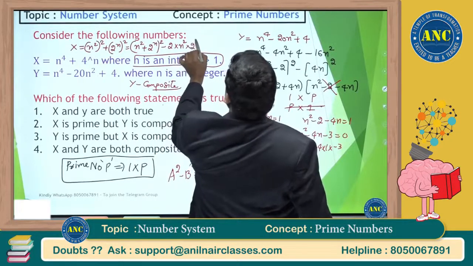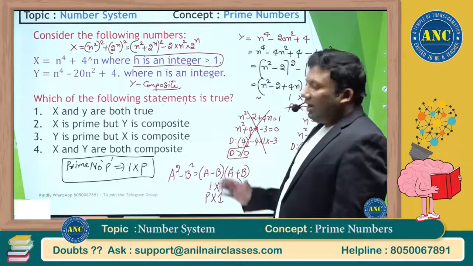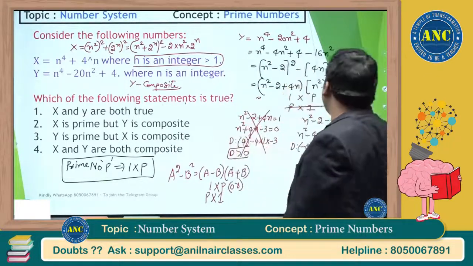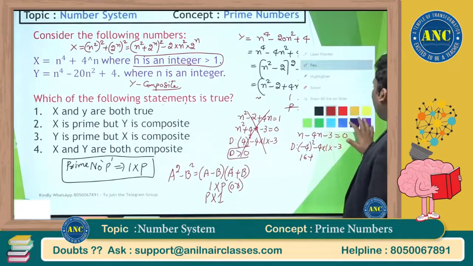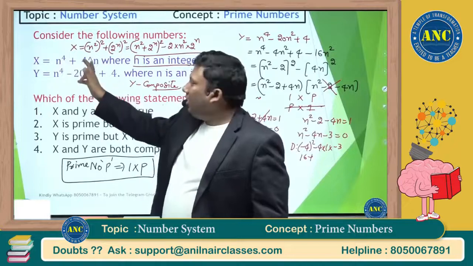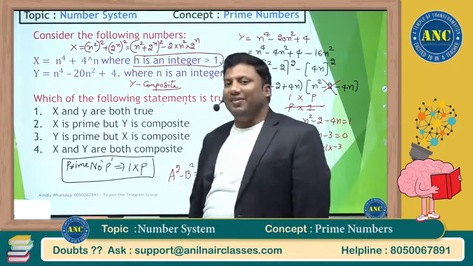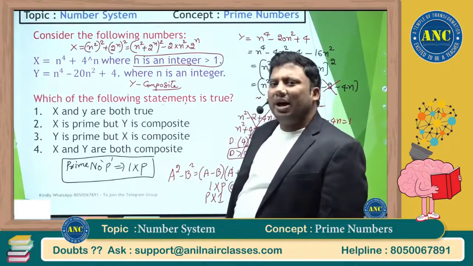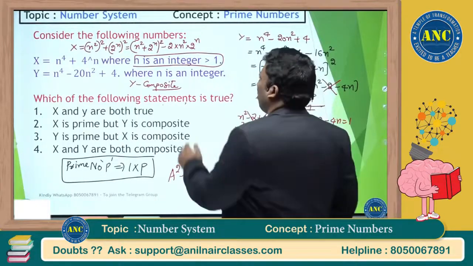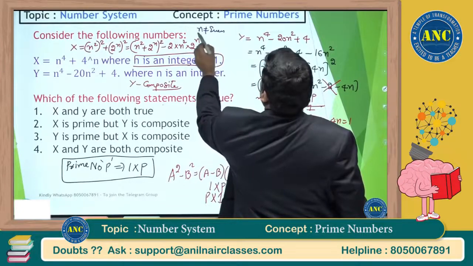Anyway, n cannot take an even number. Why? Because if n is even, n power 4 is even, and even plus even is an even number. Is there any even number other than 2 which is a prime number? No. So n even is not possible for this one.